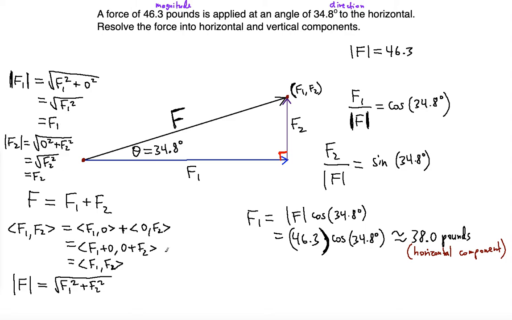Now, for the second component, the vertical component, you can solve it by multiplying both sides of this equation by the magnitude of F. You're going to get the magnitude of F times the sine of 34.8 degrees, which is 46.3 pounds, the magnitude of this vector F, multiplied by sine of 34.8 degrees.